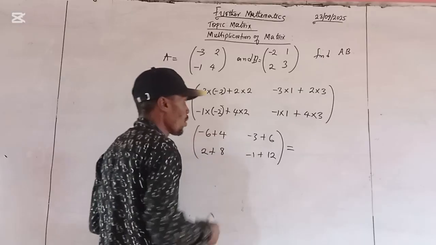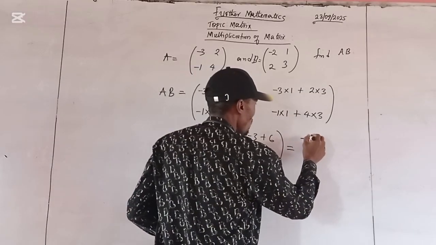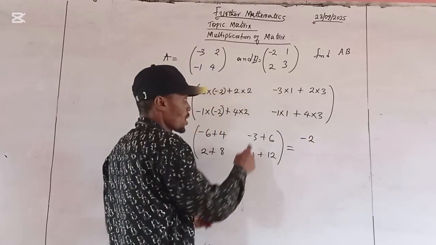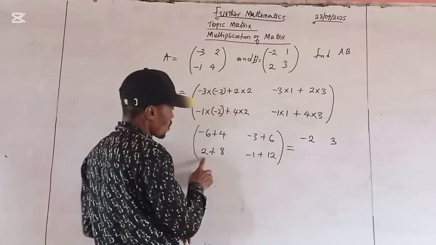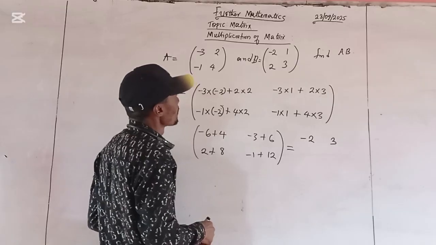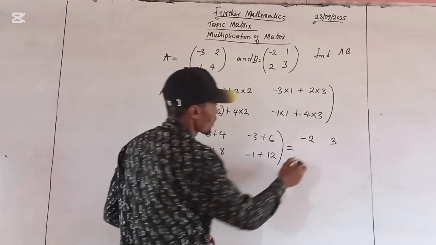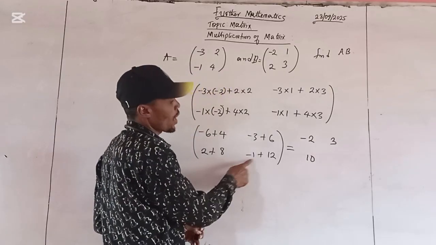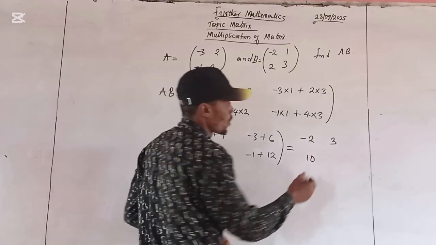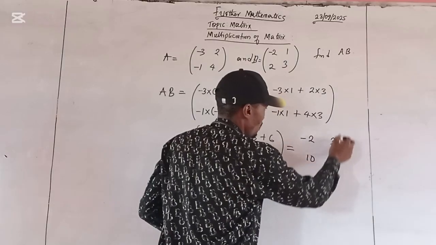So that will give you, let us simplify properly. 6 plus 4 gives you 10. -3 plus 6 gives you 3. 2 plus 8 gives you 10. And finally, -1 plus 12 will give you 11.